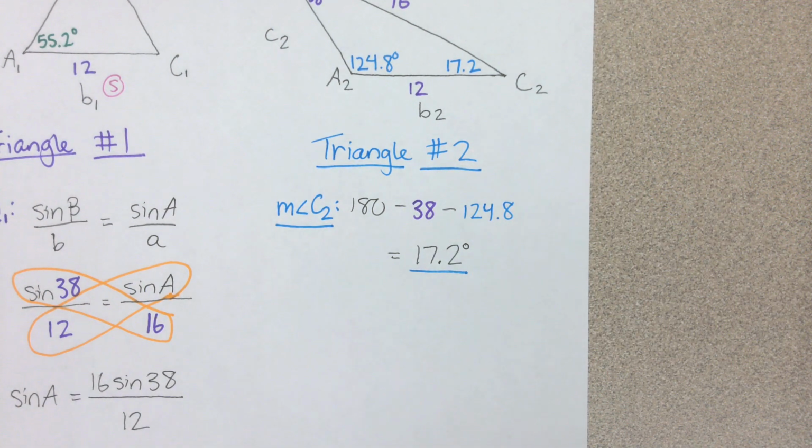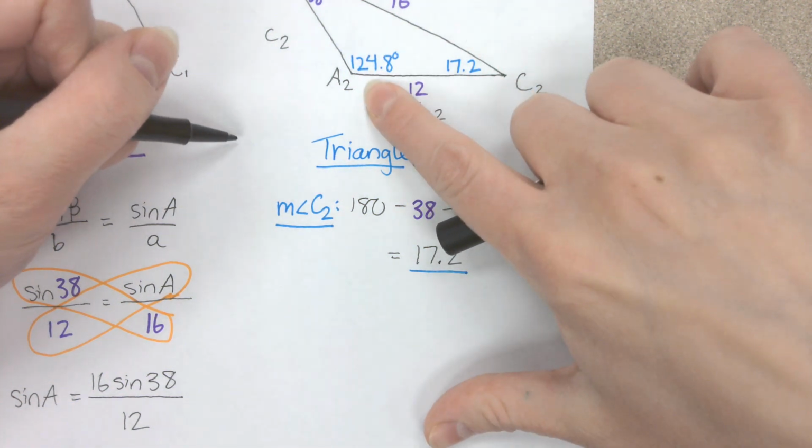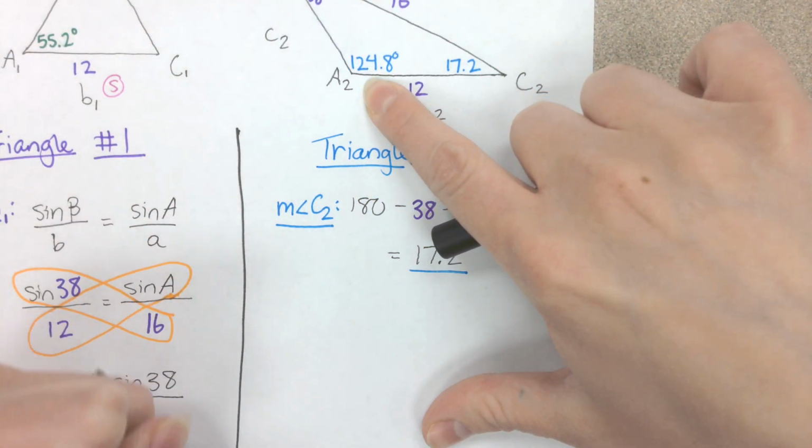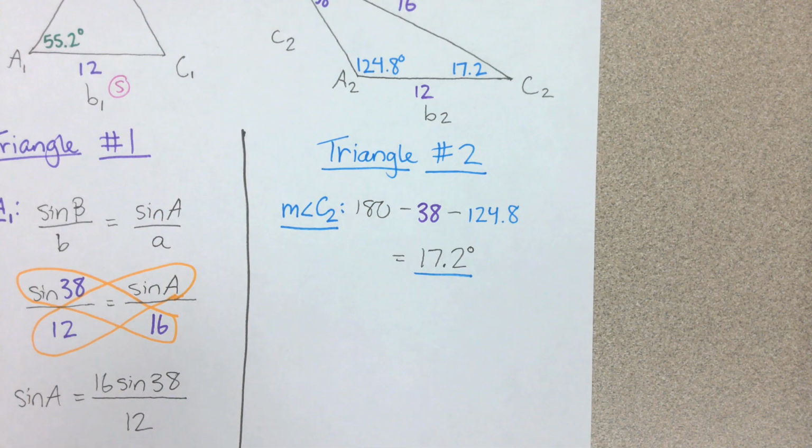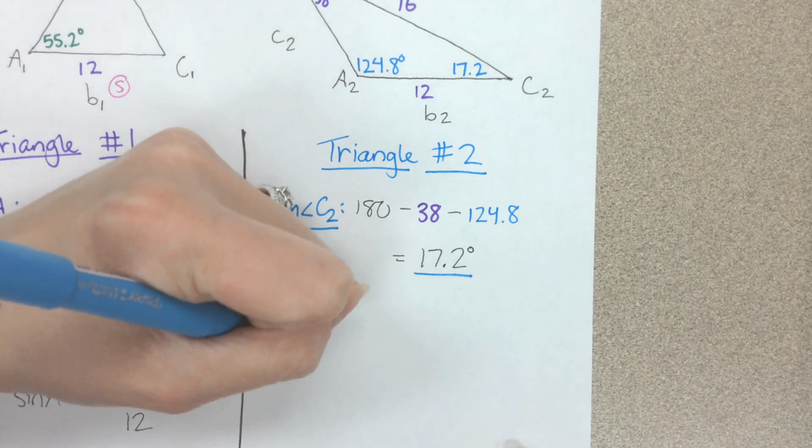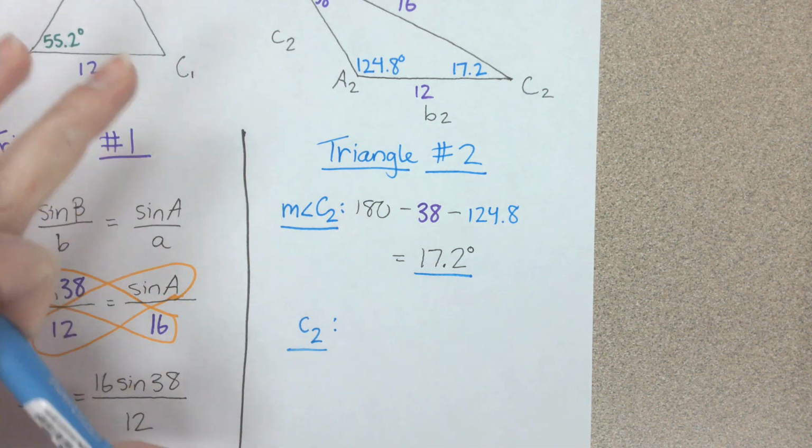Okay, so next, I'm going to draw a dividing line here since my work is now separate as well. Next, we will find side C, C2 technically, since I'm working on the second triangle right now.